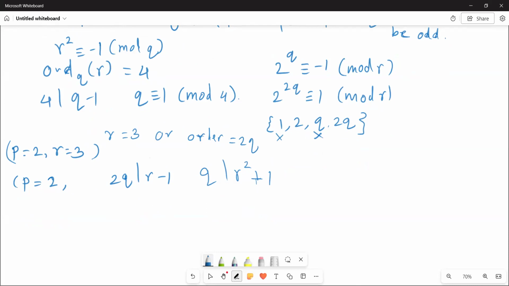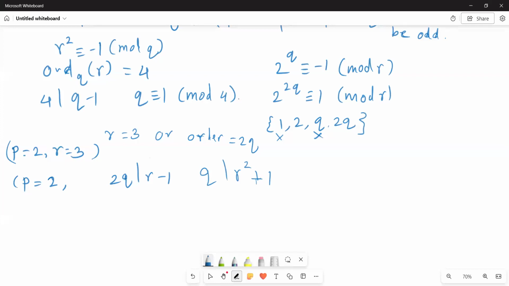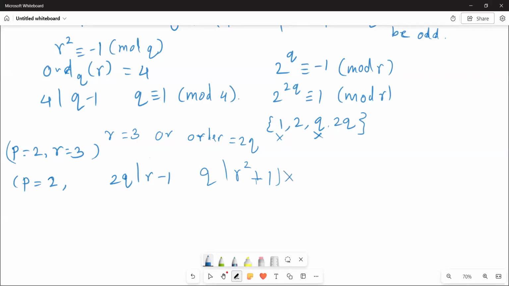So that's not possible. Okay, so this case also gets eliminated, right? So now the only interesting case, I think, is p is 2 and r is 3.